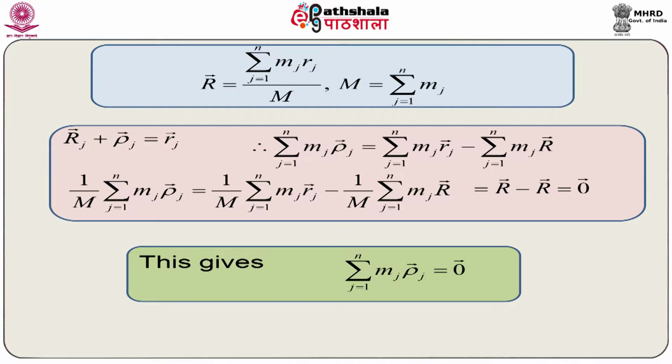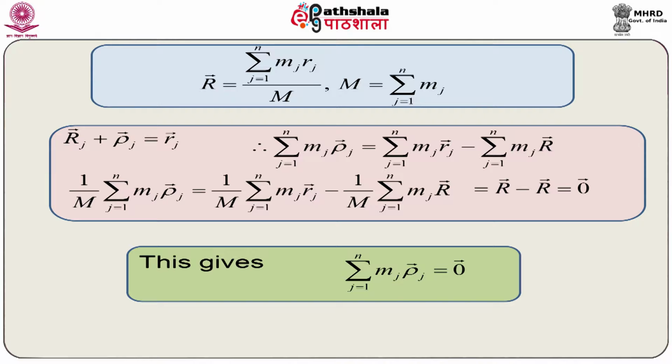After transferring this term to the right hand side and dividing by capital M, we get this result. Now, using this result, this and this cancel each other, so we get the 0 vector.